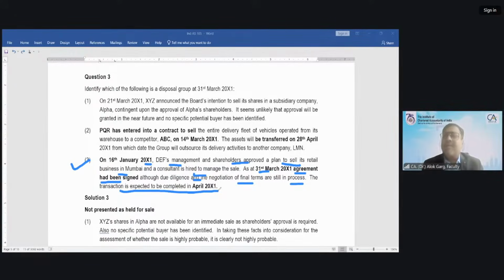This task is given to a consultant. As on 31st March 20x1, the agreement had been signed. It means an active buyer is identified and the agreement is signed. Although due diligence and the negotiation of final terms are still in progress, right? While principal terms have been agreed, the agreement had been signed.